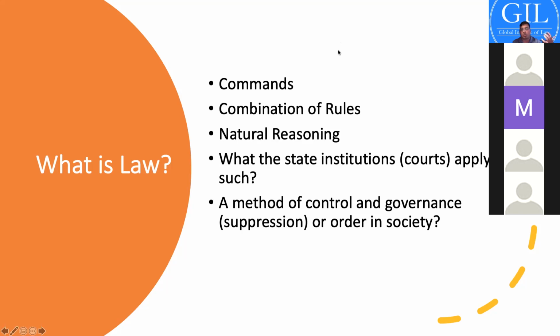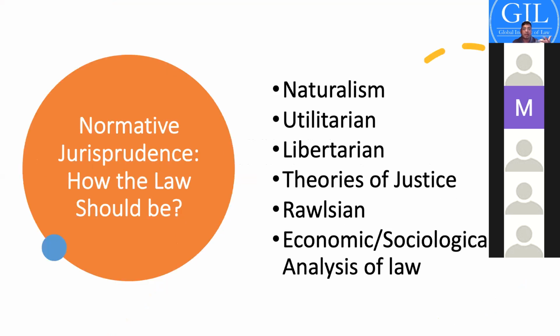For natural law scholars, it's natural law, natural reasoning. What the state institutions or courts apply as such is the law to the realist school. And for the Marxist critique of law, it's a method of control and governance, maybe suppression or order in society. So elites basically impose law in order to control the society.